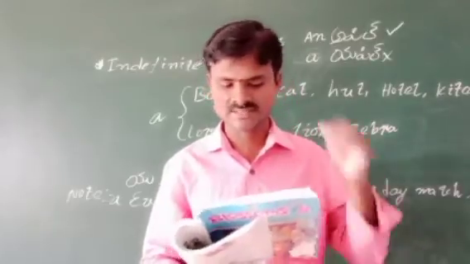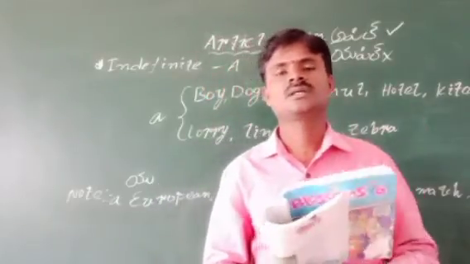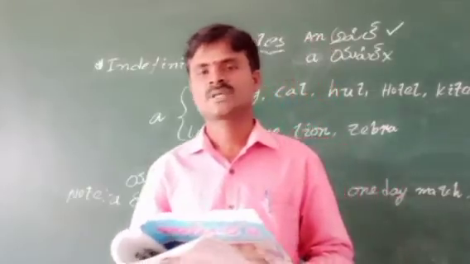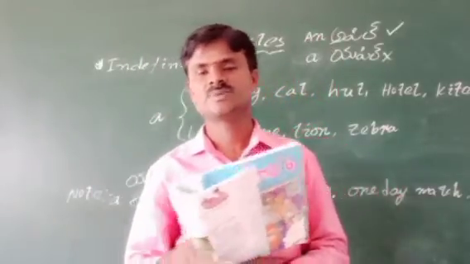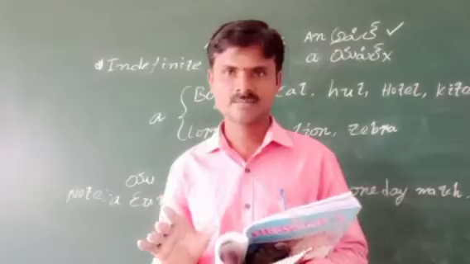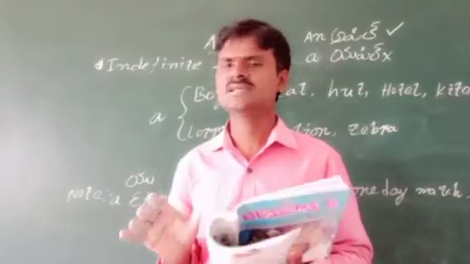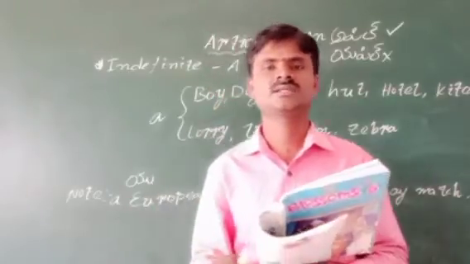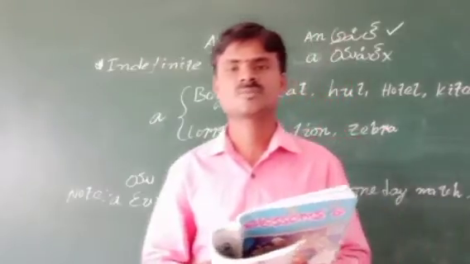Before superlative adjectives, I told in degrees of comparison. Before the superlative degree you have to use the article. By seeing the and the est form, you can easily identify that it is the superlative degree.